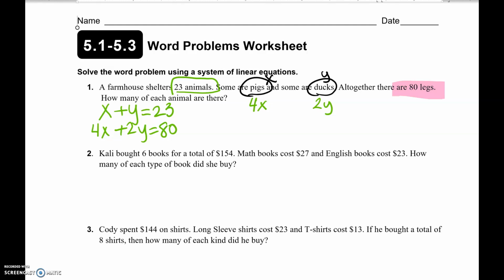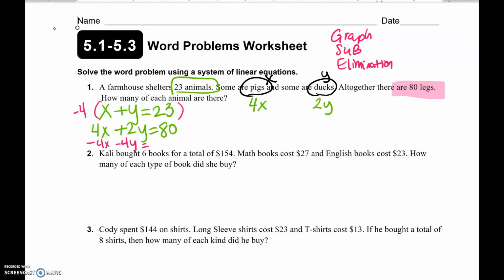Okay, from that point, I would figure out which way you like to solve best. So remember, you can graph them, you can use substitution, or you can use elimination. Remember, elimination is the one that we've used most recently, where you would multiply by something on top. Maybe you multiply by a -4.